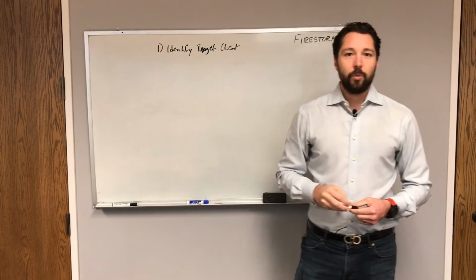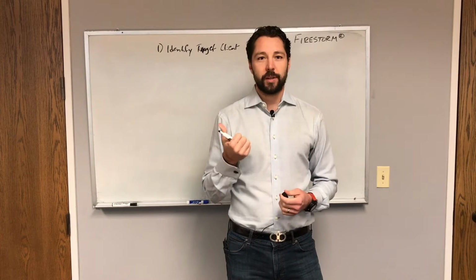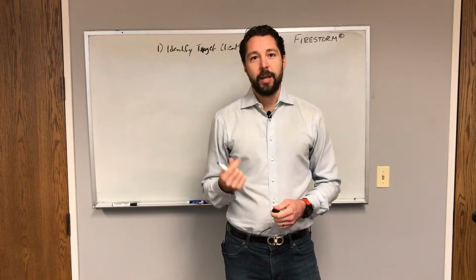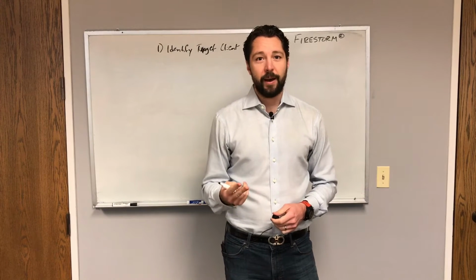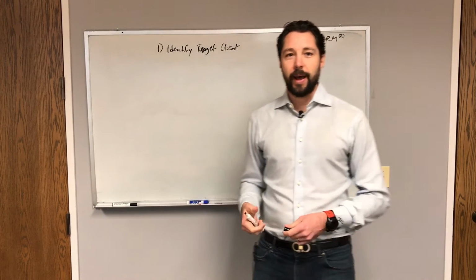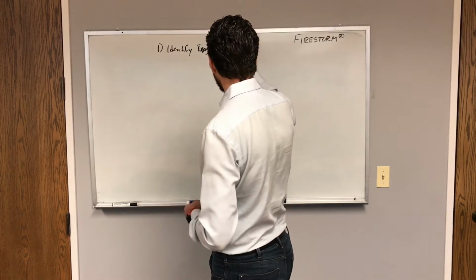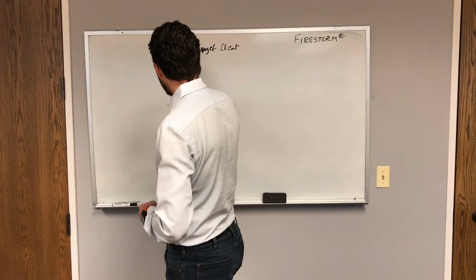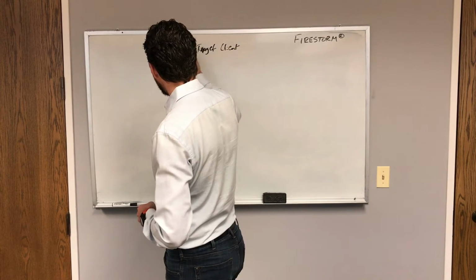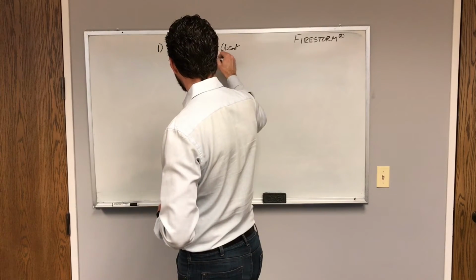And when you're thinking about that, you want to think about who's your ideal person, what type of business are they in, industry, how much revenue do they have, how many employees, certain things like that. And so let's go through an example and say my ideal client is going to be somebody that does $2 million to $5 million in revenue.